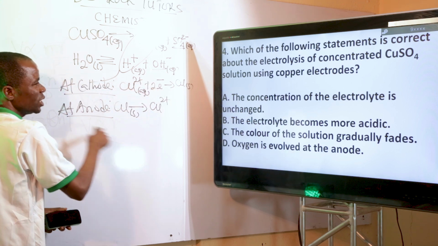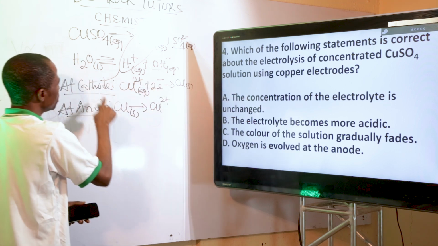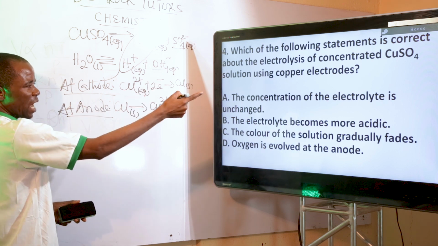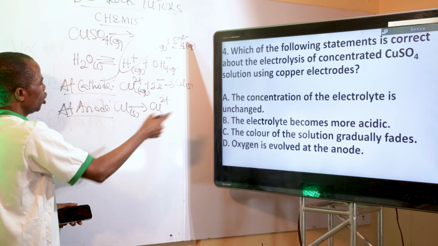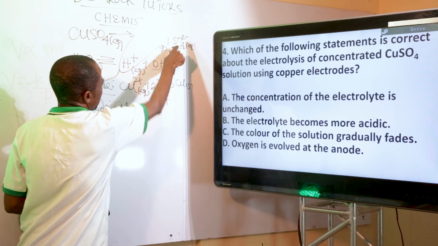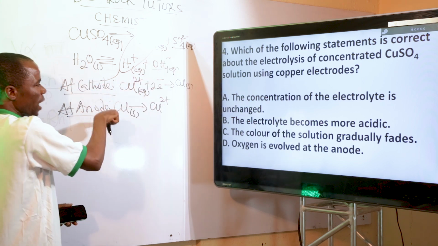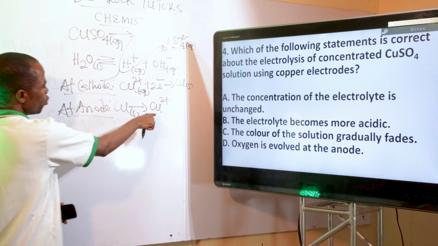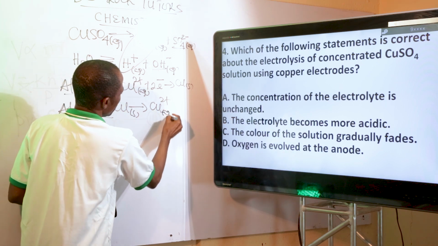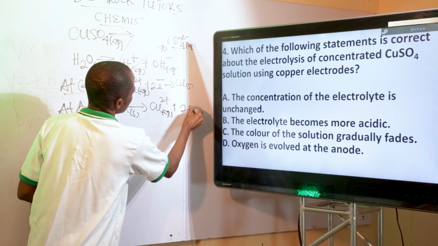But because both the cathode and the anode are made of copper, none of the anions will be discharged here. Instead, it is the copper anode that will dissolve to produce copper 2 ion and liberate 2 electrons.